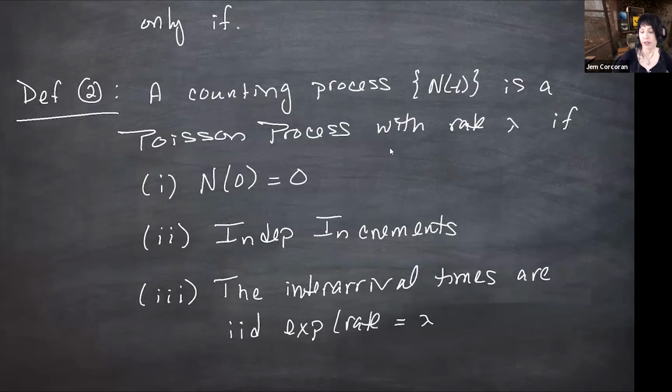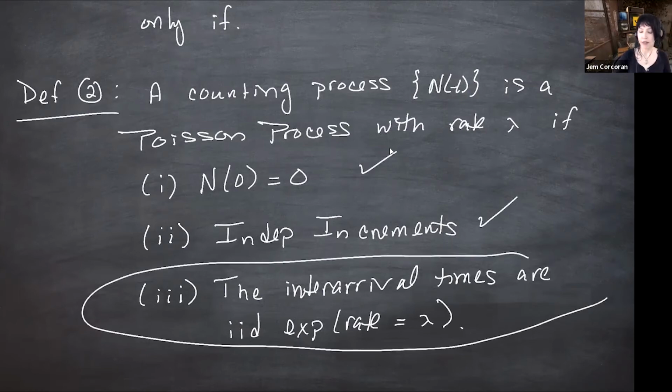Now, to prove that this is equivalent, we do have to do one more thing. We have to go the other way. So clearly, I and double I are equivalent. They're exactly the same. And we just showed that definition 1, which is where we had the Poisson assumption here, gives us this exponential result. So definition 1 implies definition 2.